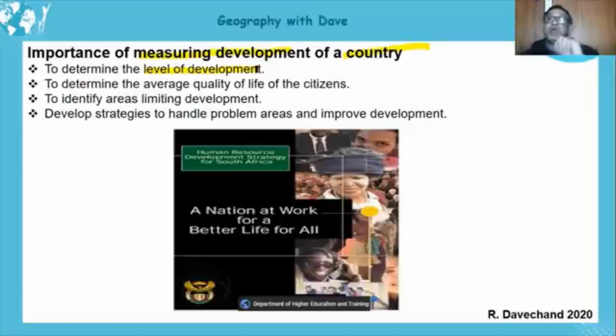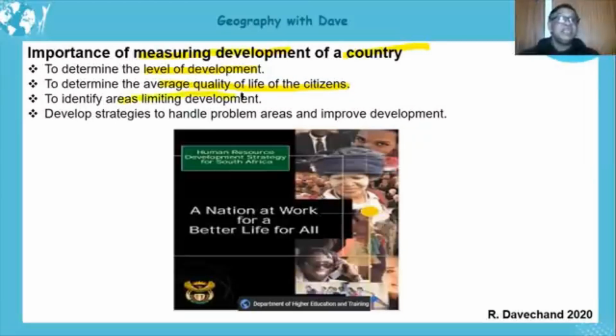Where should we be? Where can we be? To determine the average quality of life of the citizens. What's the quality of life? It's low. How could we up it? Because it makes us start thinking, all right, makes us start thinking. Can you see why I've included this?